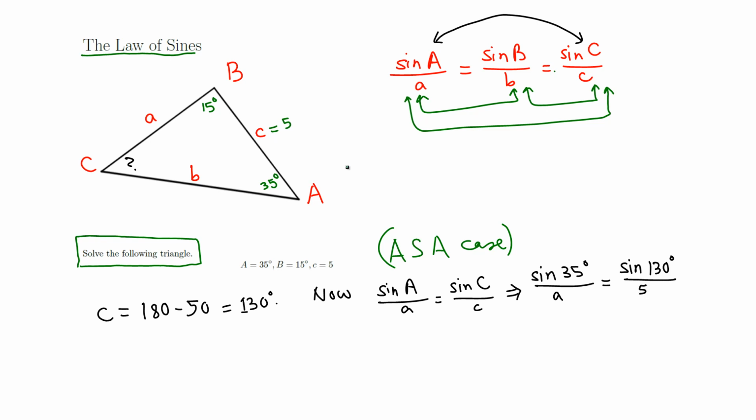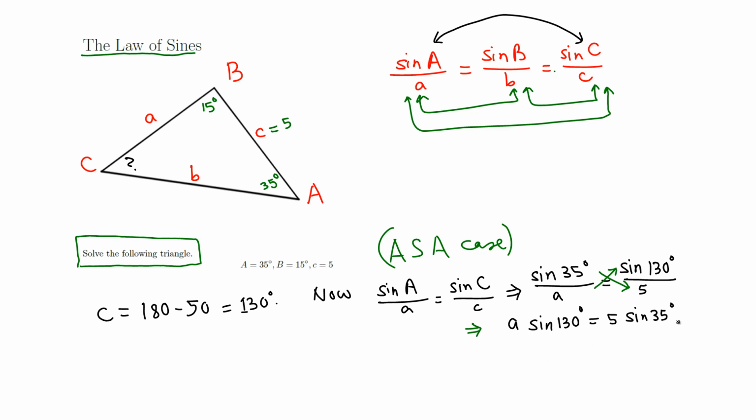Since we have only one fraction on the left and only one fraction on the right hand side, we can cross multiply. This implies we can write in any order on the left, but since we are trying to find a, let me write a times sine 130 first. So a times sine 130 is equal to 5 times sine 35.